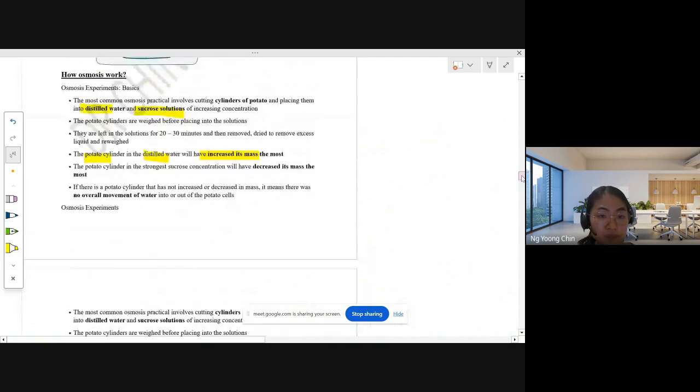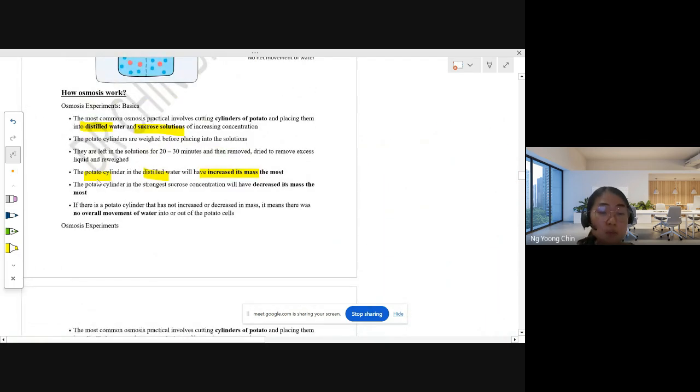When you put the potato strips inside distilled water, it is always a hypotonic solution, because inside distilled water there is no presence of solute particles. So distilled water is hypotonic. It will cause water to diffuse inside the potato strip, so there will be an increase in the mass.